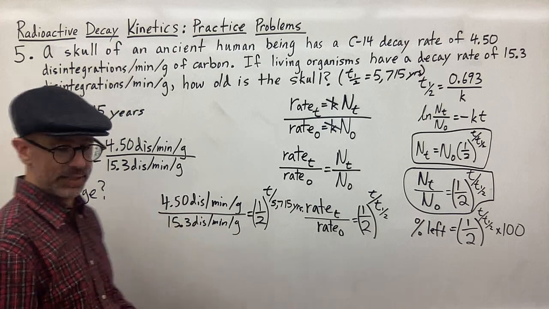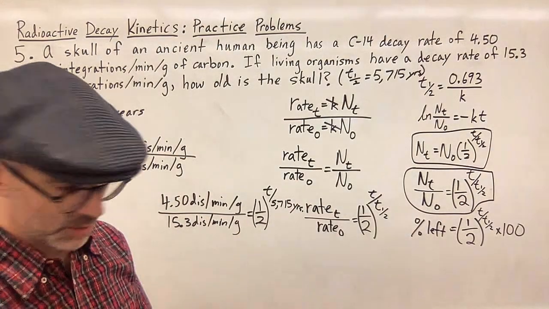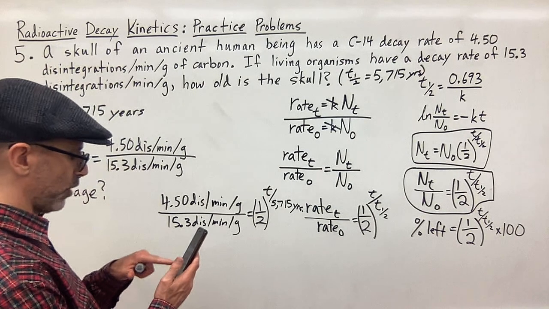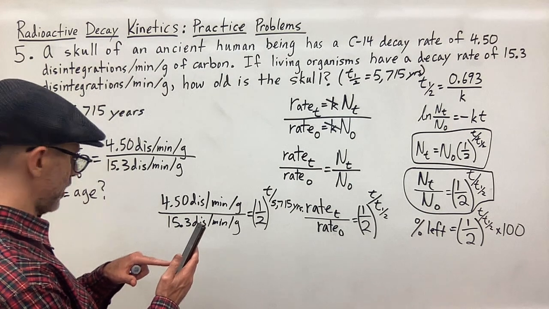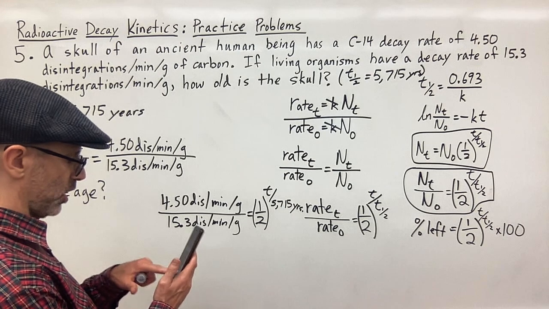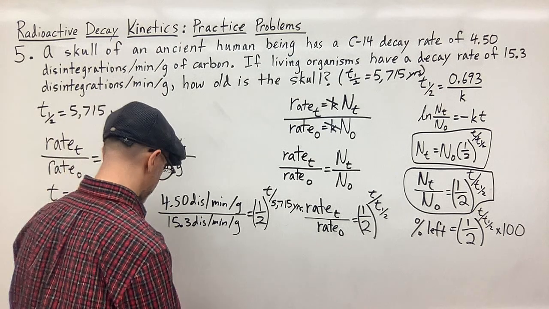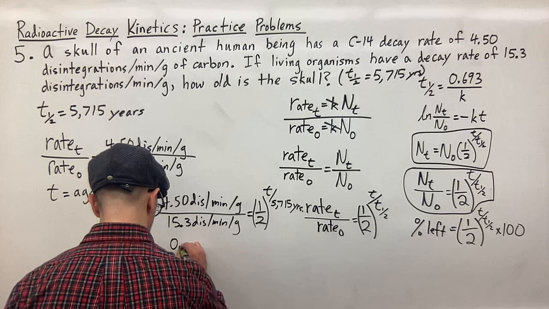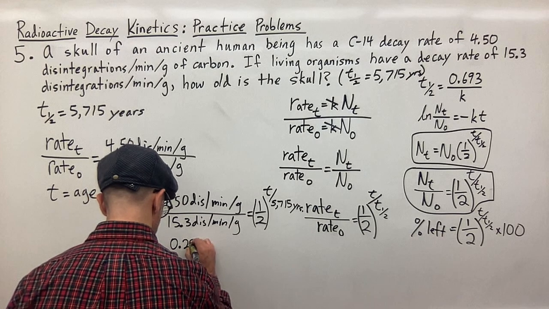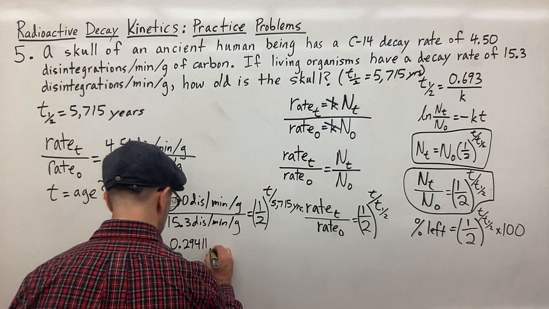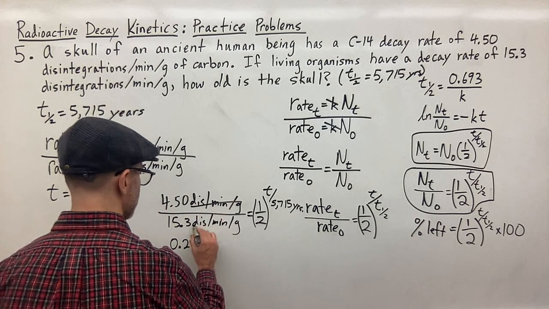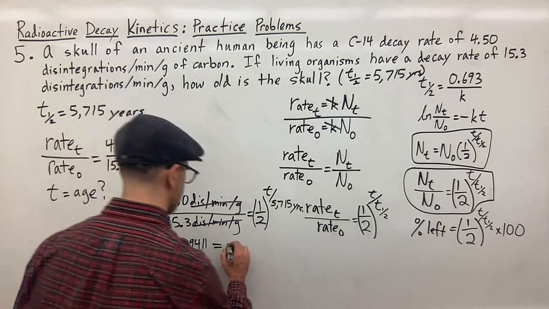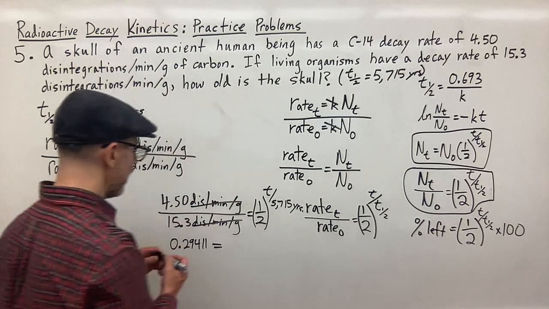Let's go ahead and divide this and find out what it is. So we got 4.5 divided by 15.3 equals 0.29411. The disintegrations per minute per gram cancel out. So we're going to get that equal to 1/2 raised to t over 5,715 years.